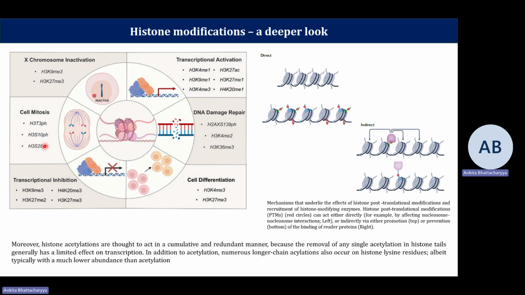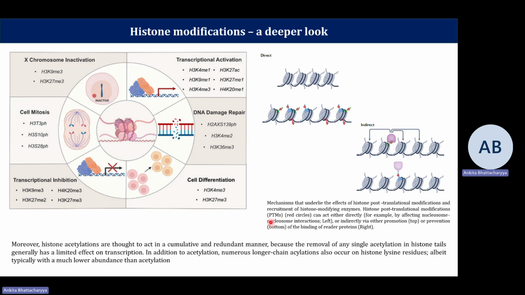When we talk about gene silencing, it is majorly predominated by methylation. So it is the relative abundance of a certain type of modification to a certain type of process. Next, X chromosome inactivation also includes some trimethylation at H3K9 or H3K27. So these are the different types of processes which it can influence.